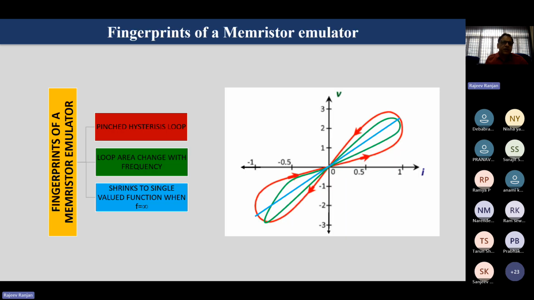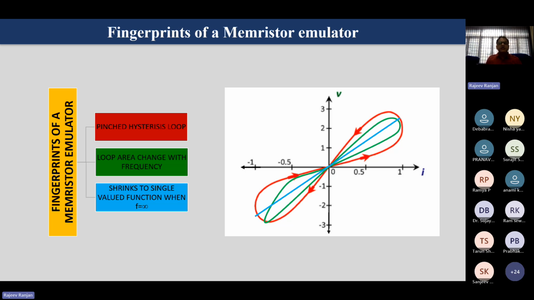This is the fingerprint of a memristor emulator. Here you can see the pinched hysteresis loop. The pinched hysteresis loop is in the first and third quadrant, and the loop area changes with frequency. You can see this red one, then another green one, and then light blue. When frequency is increased, the loop area decreases. It shrinks to a single valued function, meaning when frequency is infinite, it shrinks to a single valued function.